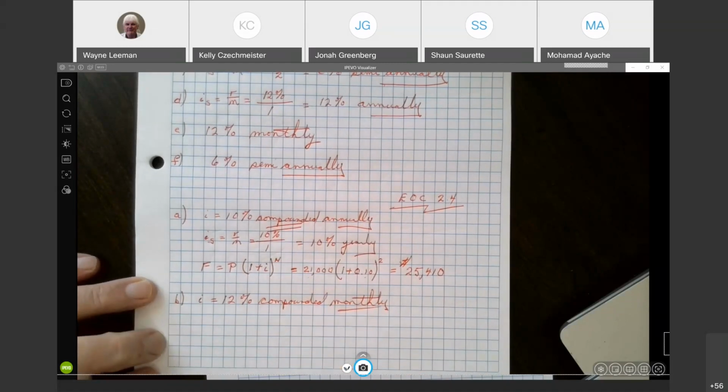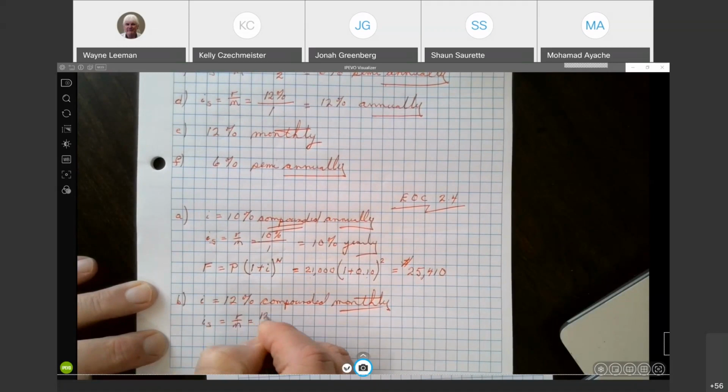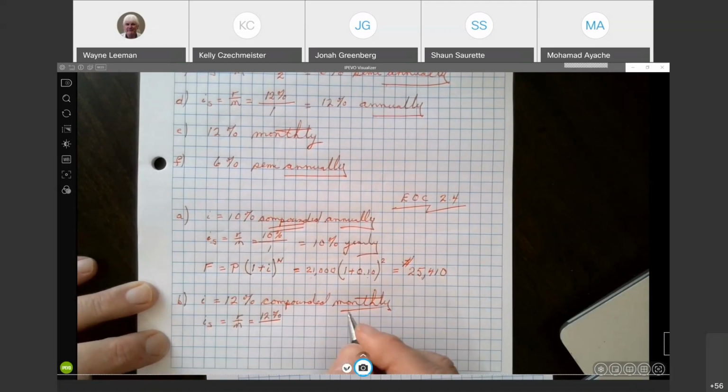So we need to determine what is the sub-period interest rate. We know that the sub-period interest rate here is going to be, as notated here, R over M. R is the nominal amount, 12%, compounded monthly. Well, there's 12 months in the year.